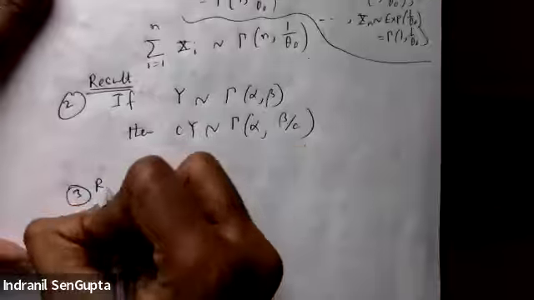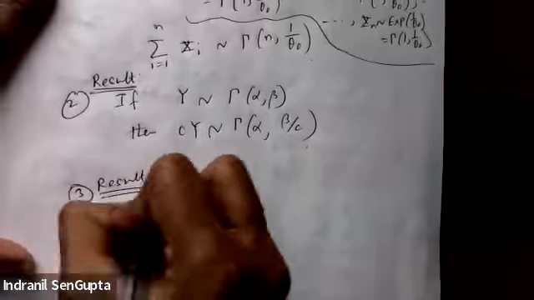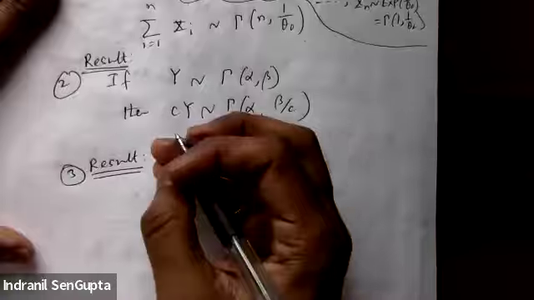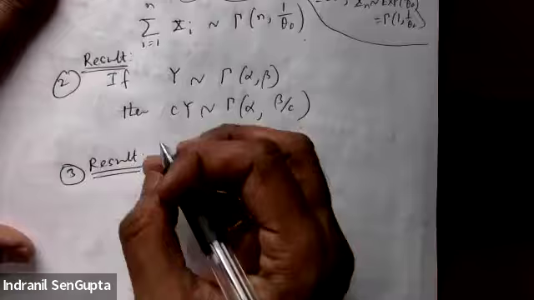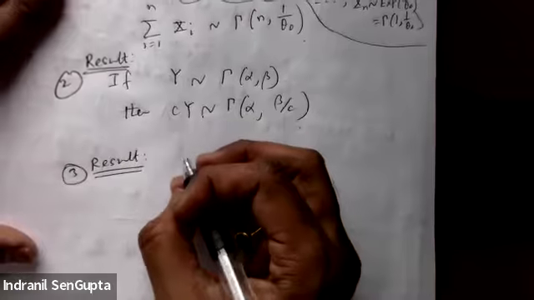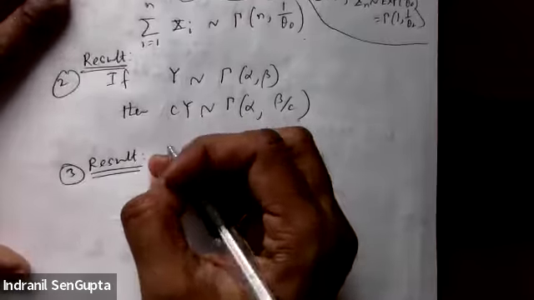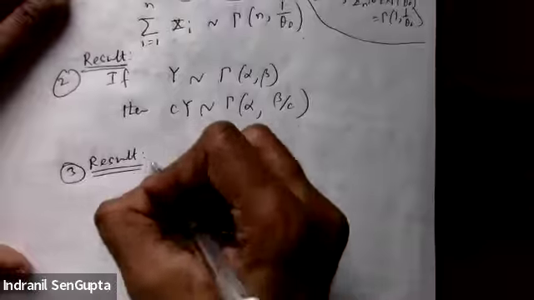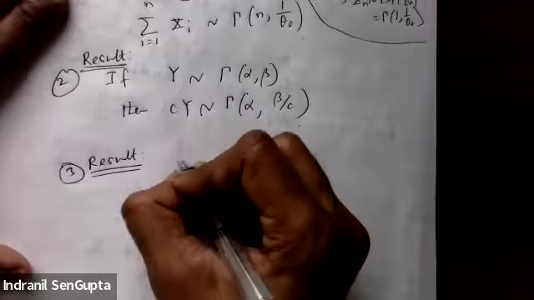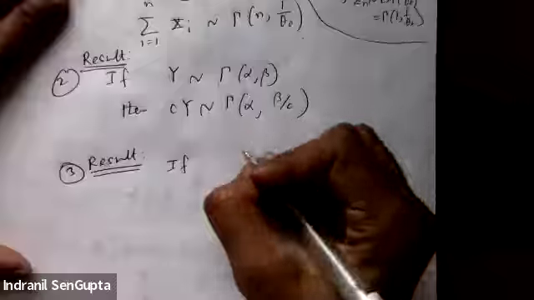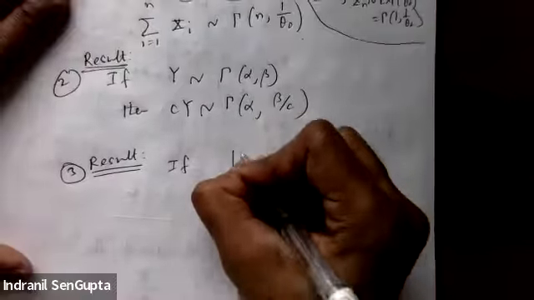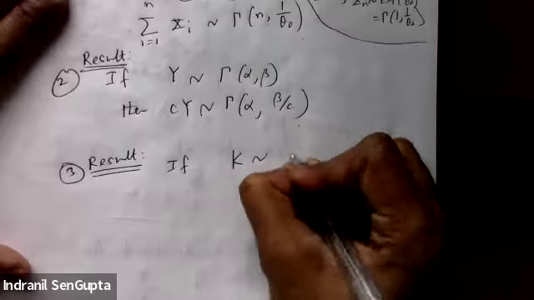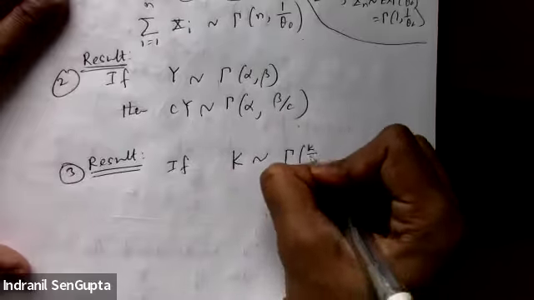Third result, and the final one, why I'm doing all this. It is known that if, I'm trying to think about letters, say k, satisfies gamma of little k over 2.